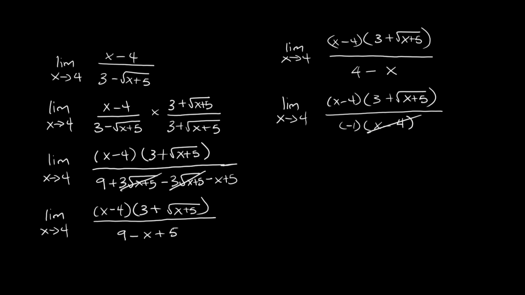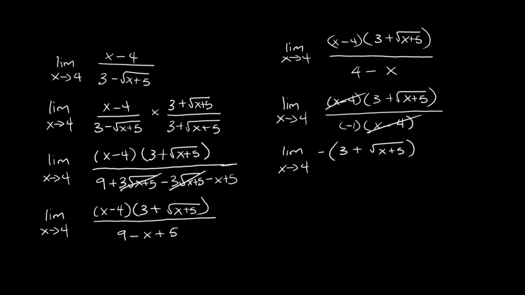And so these two would cancel, and so our final would be the limit as x approaches 4 of 3 plus the root of x plus 5, but this will be negative as it's divided by negative 1.